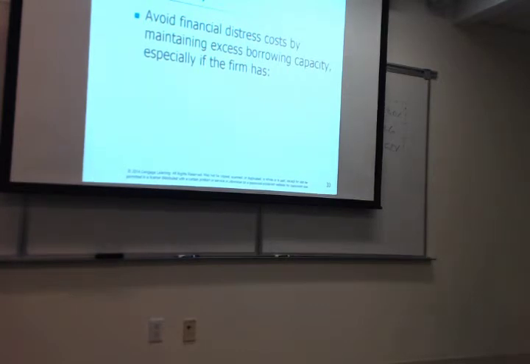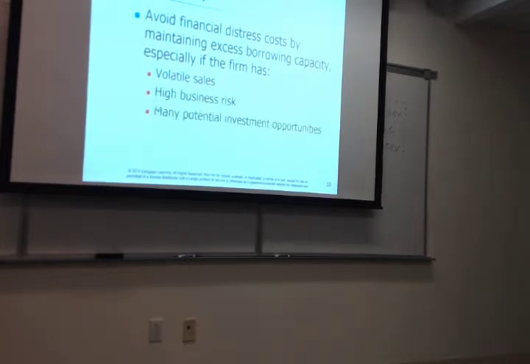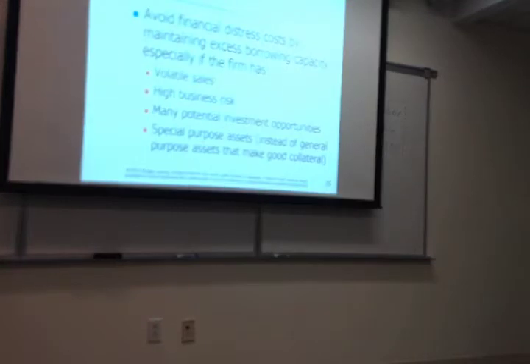Also might want to encourage these managers to maintain an excess borrowing capacity so that they don't have to issue stock, that they have some room to issue debt, especially if they're in a risky situation. They have volatile sales, high business risk, many potential business opportunities, special purpose assets.